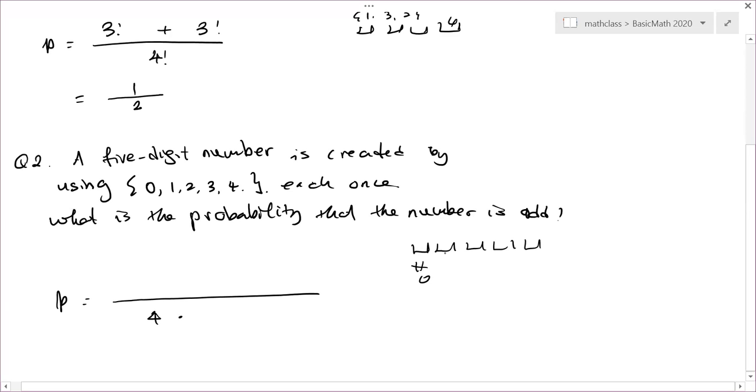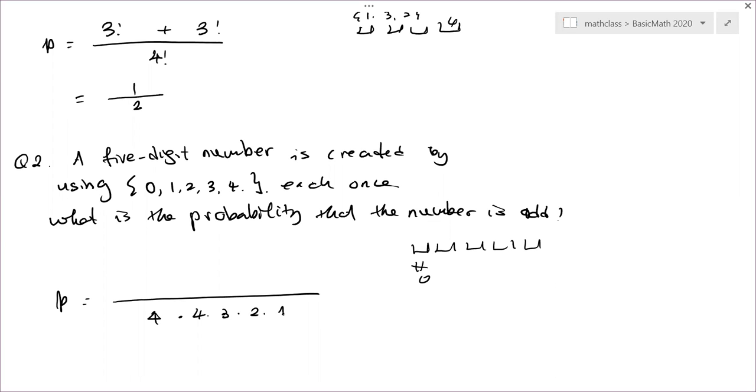Then for the second one, you have 4 digits left, so it's 4, 3, 2, and 1. That's the denominator, the number of all possible outcomes: 5-digit numbers where the first digit is not 0.